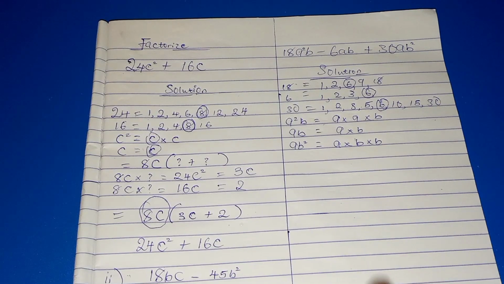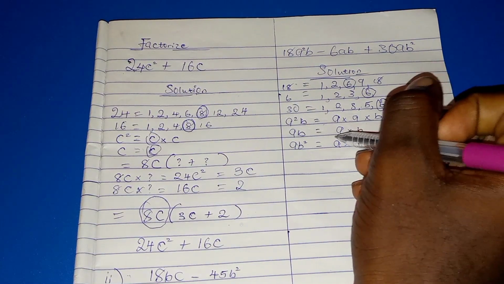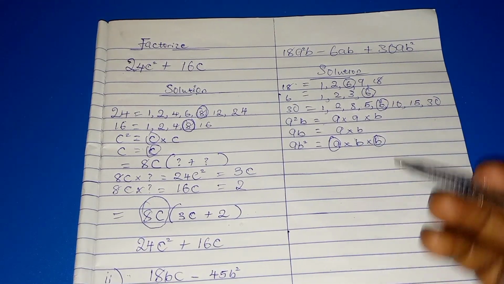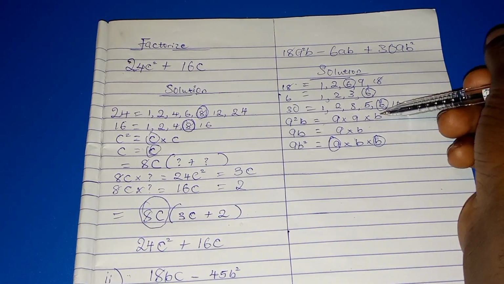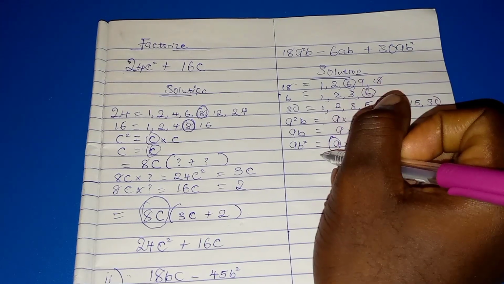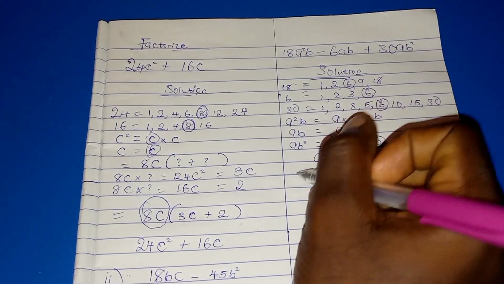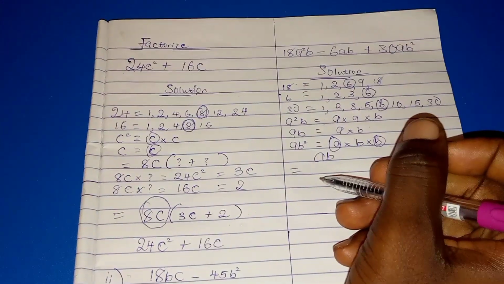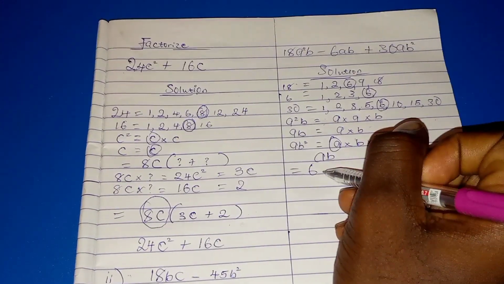Now, what is the highest common factor of them? We have a and we have b, because we find b in each and a in each. So we have ab. This gives us the common factor 6ab.